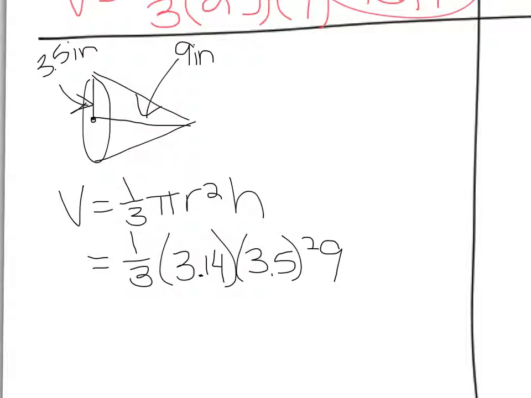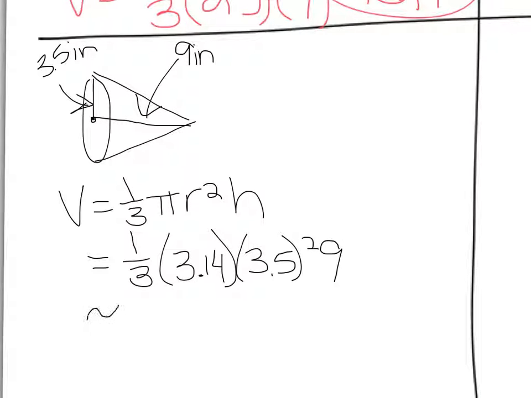Now, when you're plugging this in your calculator, if you don't want to use the fraction button, that's fine. What you need to do, plug in 3.14 times 3.5 squared times 9 and hit enter, and then hit divide by 3. It'll work every time. If you like the fraction button, use the fraction button. You should get the same answer either way.